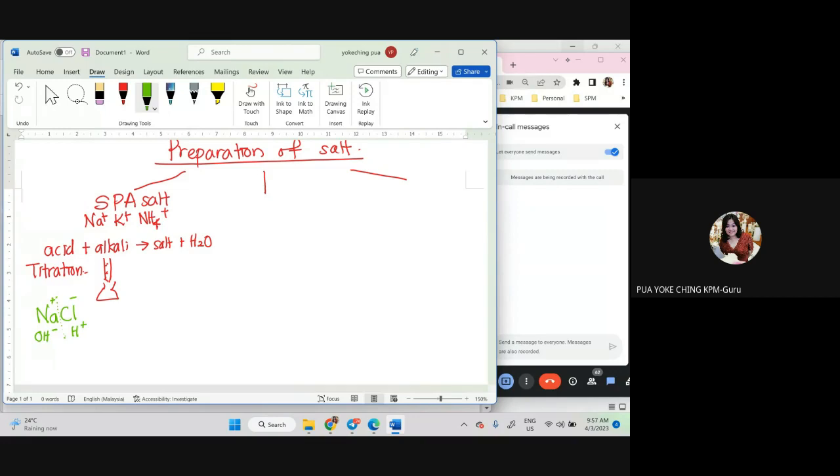So your reactant is NaOH plus HCl to give NaCl plus H2O. This is your product.